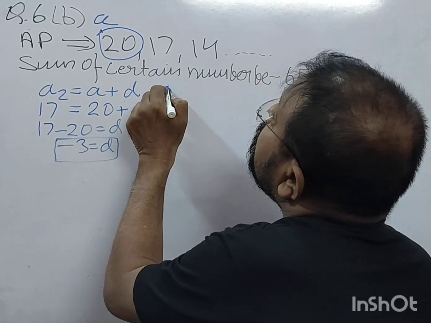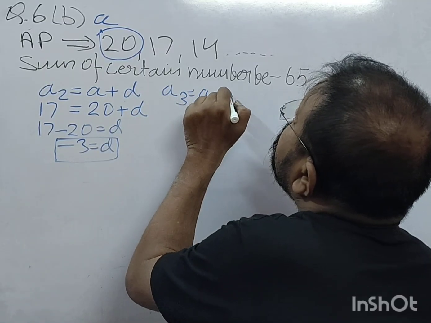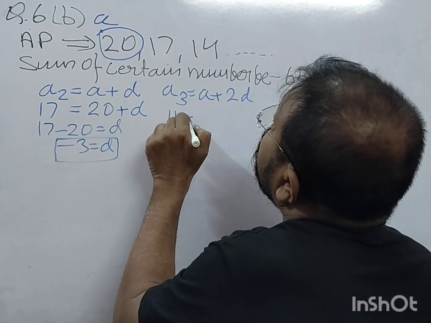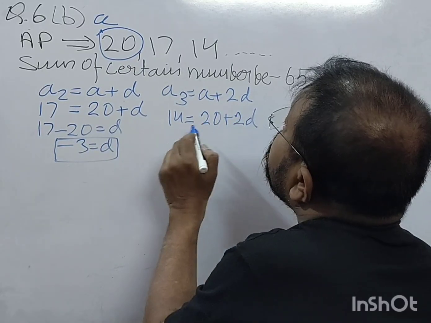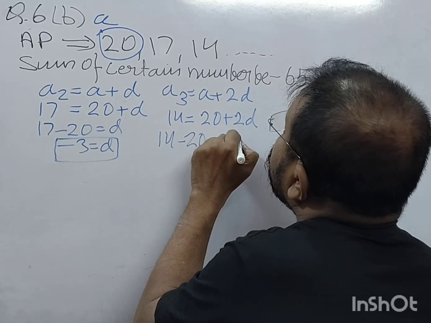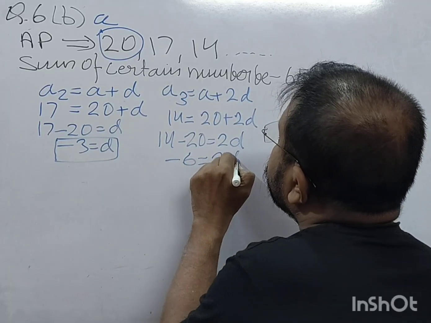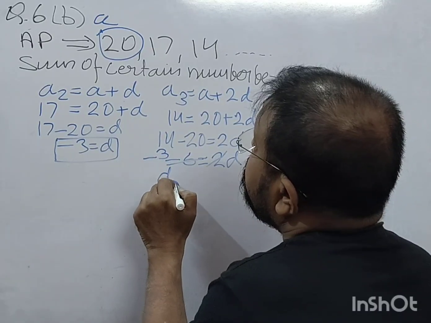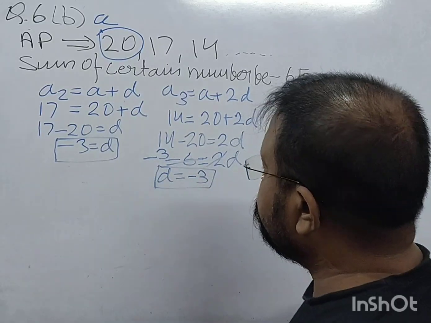In the second one, A3 is equal to A plus 2D. So you have 14 is equal to 20 plus 2D. 14 minus 20 is equal to 2D. So minus 6 is equal to 2D. So it is minus 3. So D is equal to minus 3. You get this?